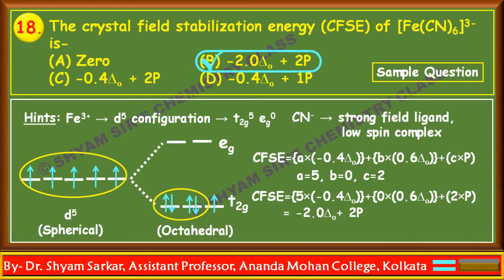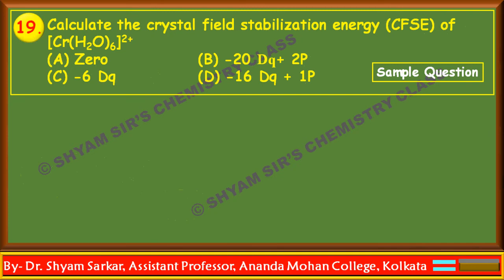Okay. Next question, calculate the crystal field stabilization energy CFSE of Cr(H2O)6 2 plus. See, chromium 2 plus, that means D4 electronic configuration, t2g3 eg1, because water is a weak field ligand and gives high spin complexes.